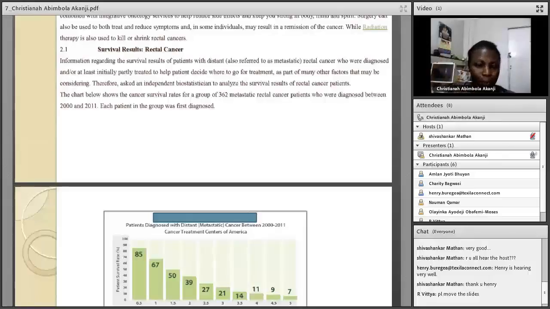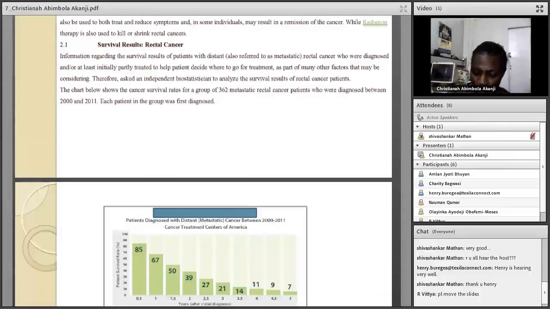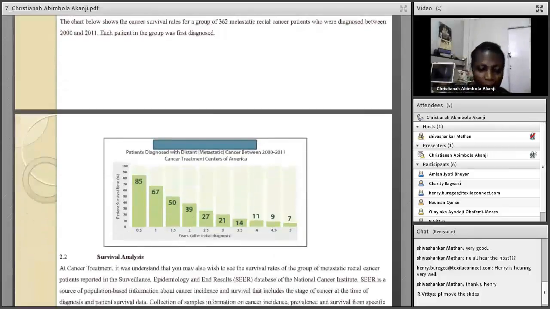The chart below shows the cancer survival rate for a group of 362 metastatic rectal cancer patients who were diagnosed between 2000 and 2011. Each patient in the group was first diagnosed. Here we can see the diagram. The survival analysis.